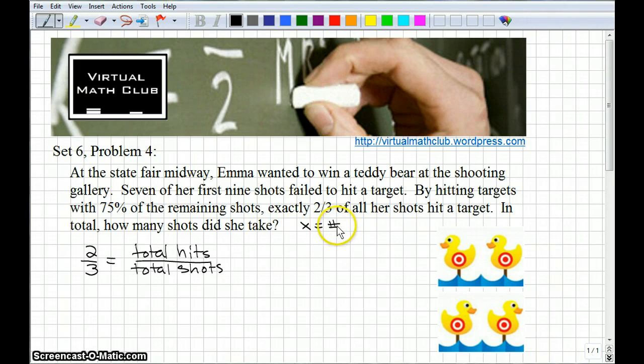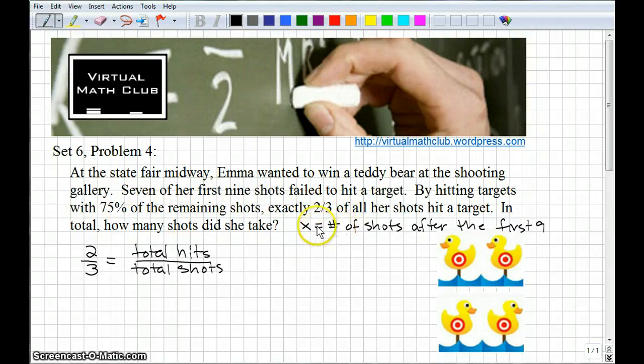I said that x was the number of shots after the first 9. Okay. So she took the first 9 shots, and we're told that she missed 7 of them.